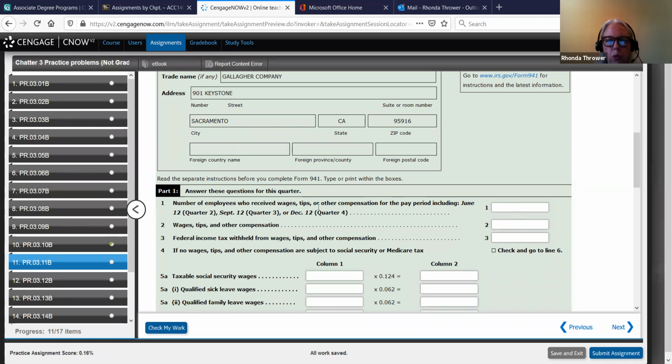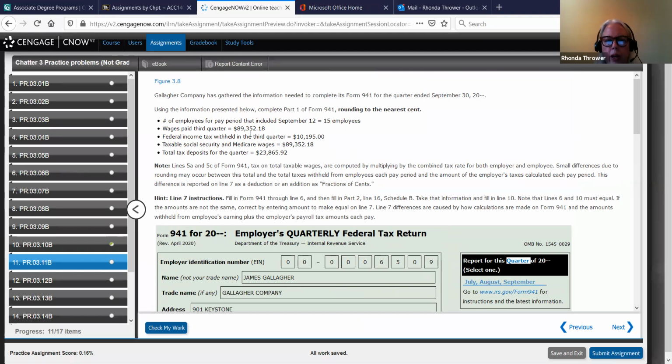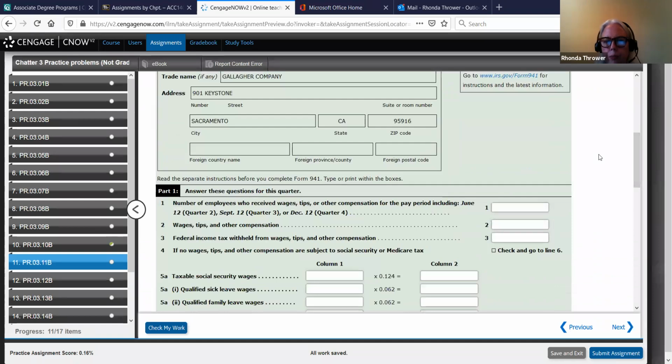Well, this is just for the quarter ended in September. So the only thing we know to put in is what they've given us. The wages that we paid during the third quarter, and since this is being filled out for the third quarter, is going to be $10,195.